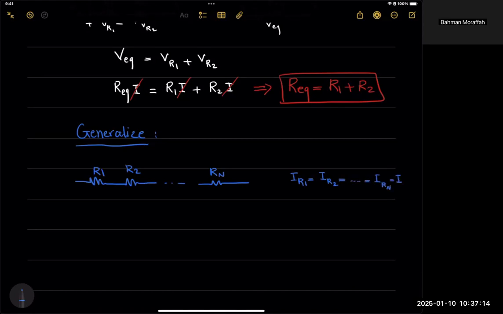Let's just call them I. If I wanted to replace this by its equivalent, because of what we just computed, our equivalent would be R1 plus R2 all the way to Rn. And we know the current through this is still this I over here.